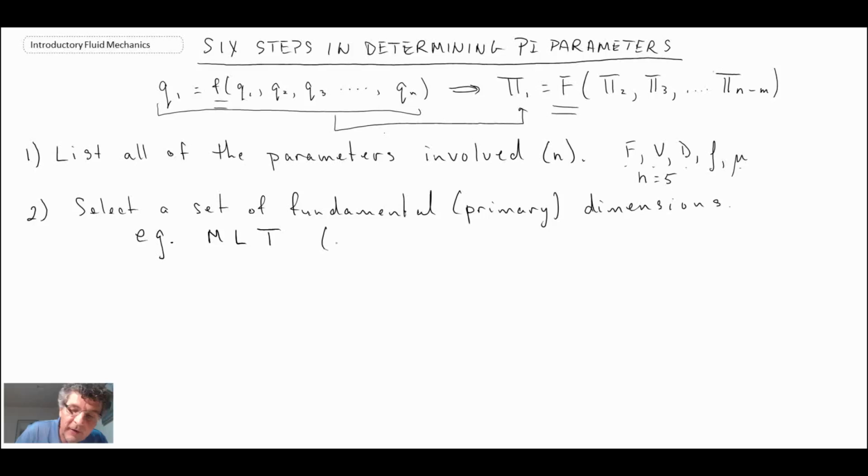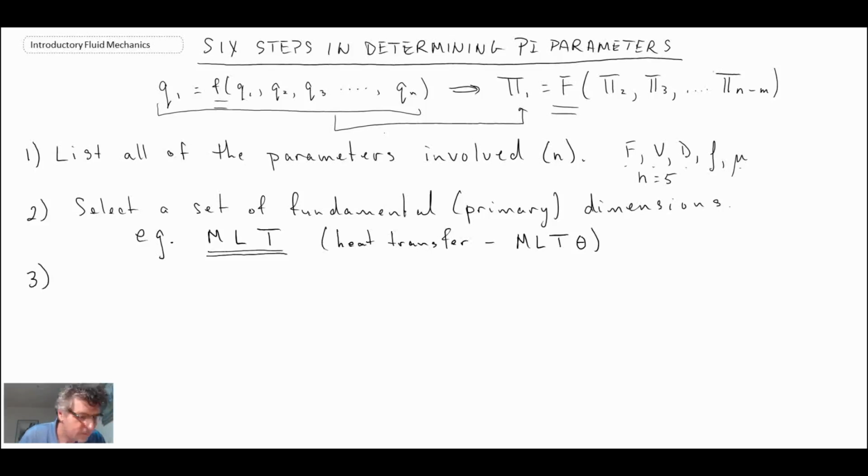If you have non-isothermal flow, for example a problem in heat transfer where you're trying to come up with some non-dimensional numbers, you would have mass, length, time, and theta. Remember, we use theta for temperature. So it all depends upon the nature of the problem, but typically in fluid mechanics for incompressible flow and non-isothermal flow, we're dealing with MLT, so mass, length, time. So that's the second thing.